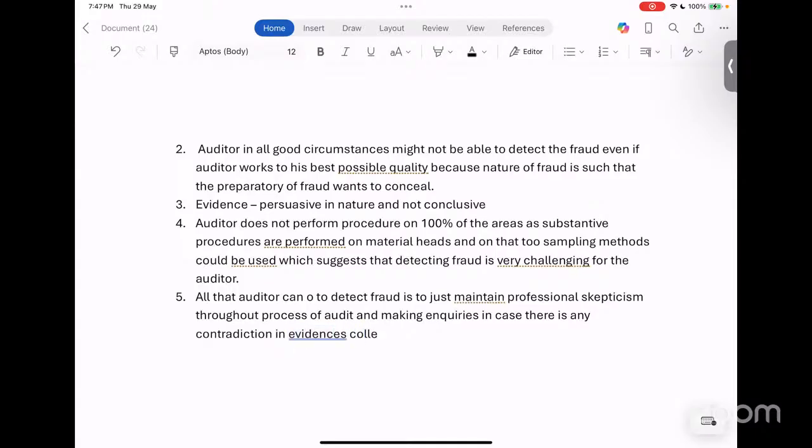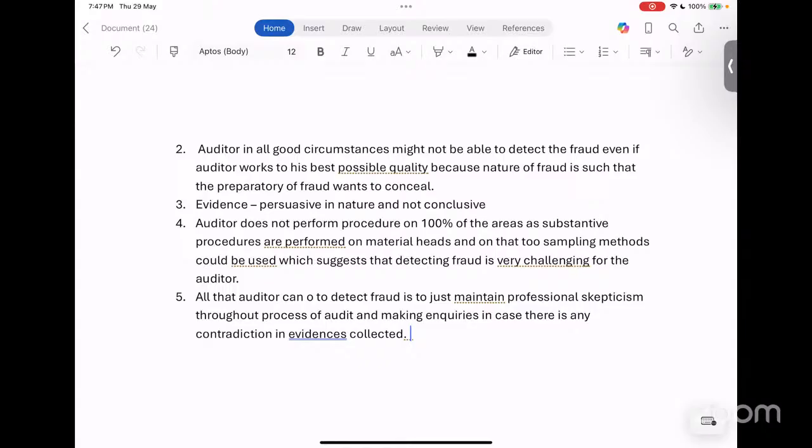So if any evidence is going against the other evidence, so evidence 1 suggests that revenue has increased, and evidence 2 suggests revenue has decreased. So they're contradictory. So on that, you should make proper inquiries and satisfy your question on that and do a proper investigation. That's what you can do as an auditor. So if the management is involved in the fraud, it is further difficult to detect fraud, right?